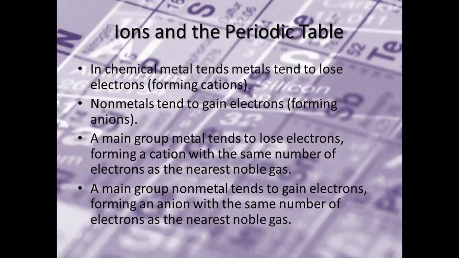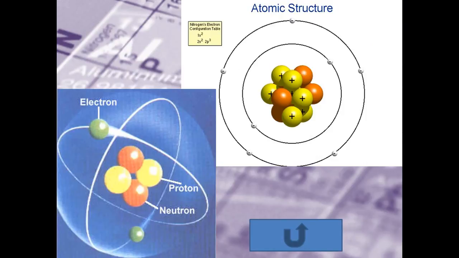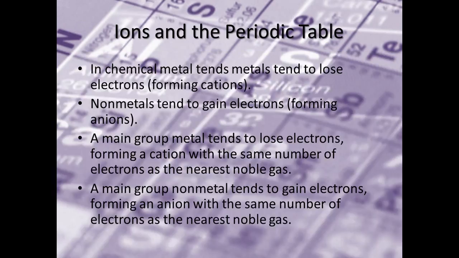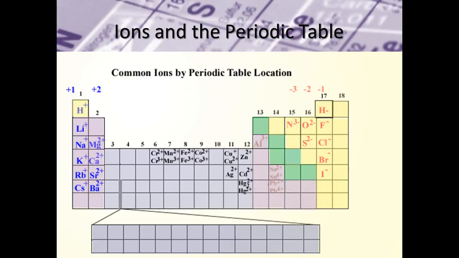Ions in the periodic table. Metals tend to lose electrons, forming cations with the same number of electrons as the nearest noble gas. And nonmetals tend to gain electrons, forming an anion with the same number of electrons as the nearest noble gas.